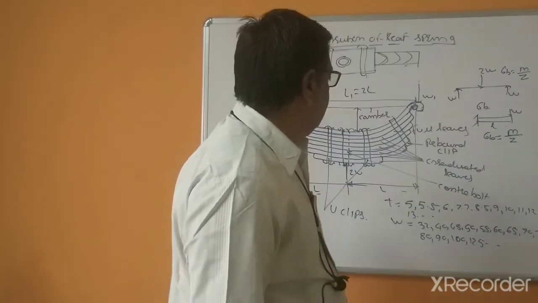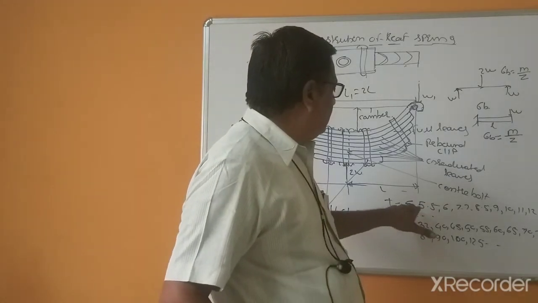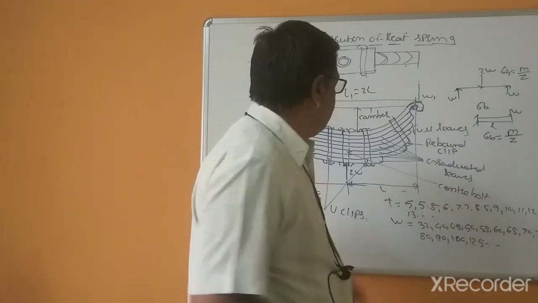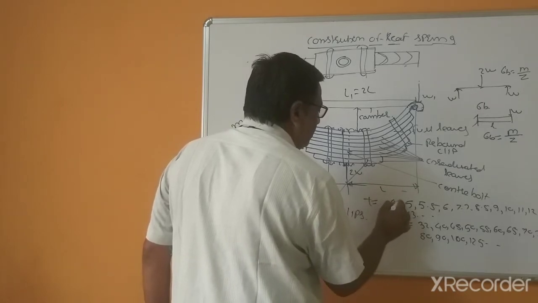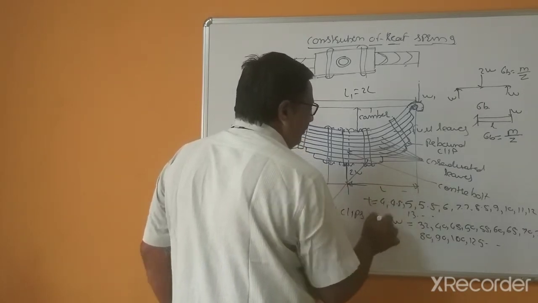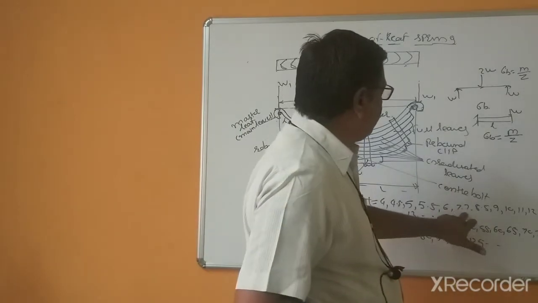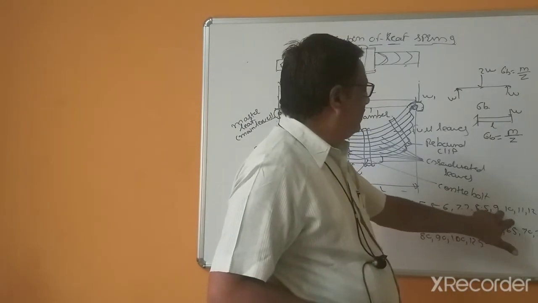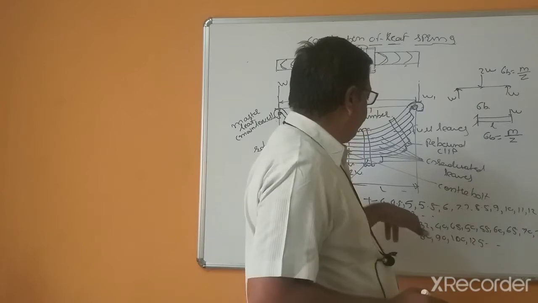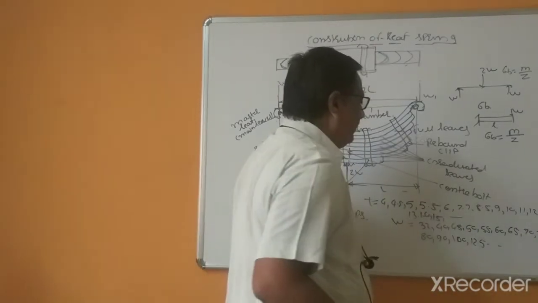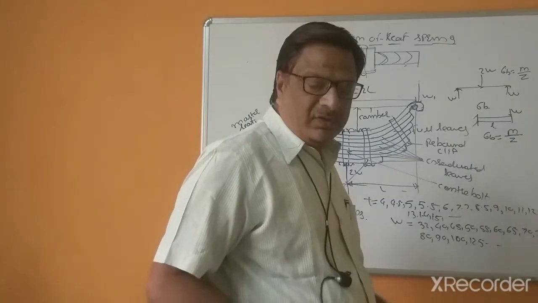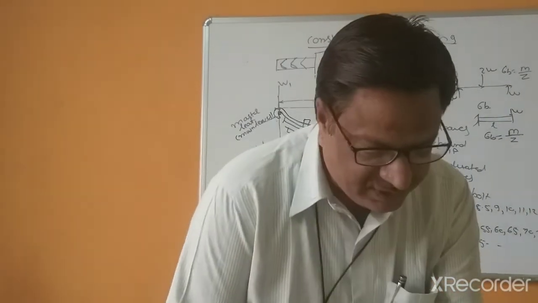I think this may be 4.5 thickness. This is given in various books, so you can refer. This is 7, this is 8.5, this is 9. After that 10, 11, 12, 13, 14, 15. Likewise, these are the thicknesses of the plates.